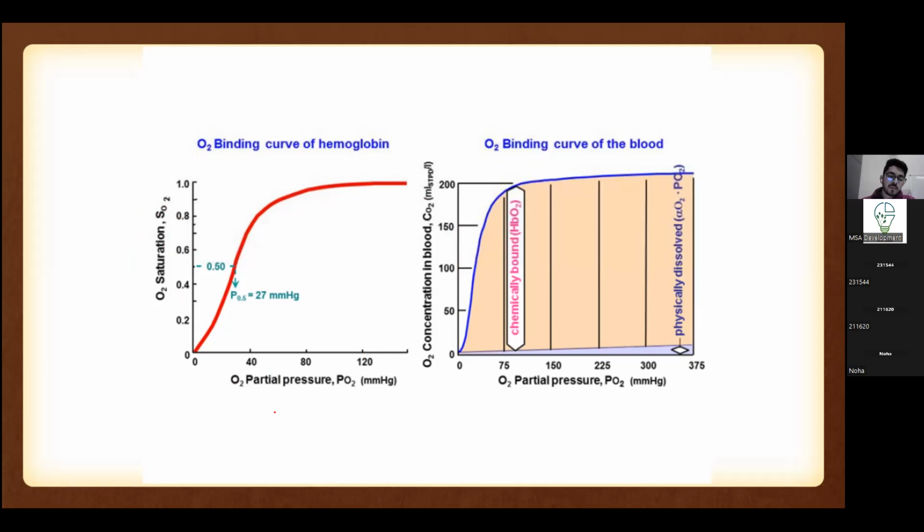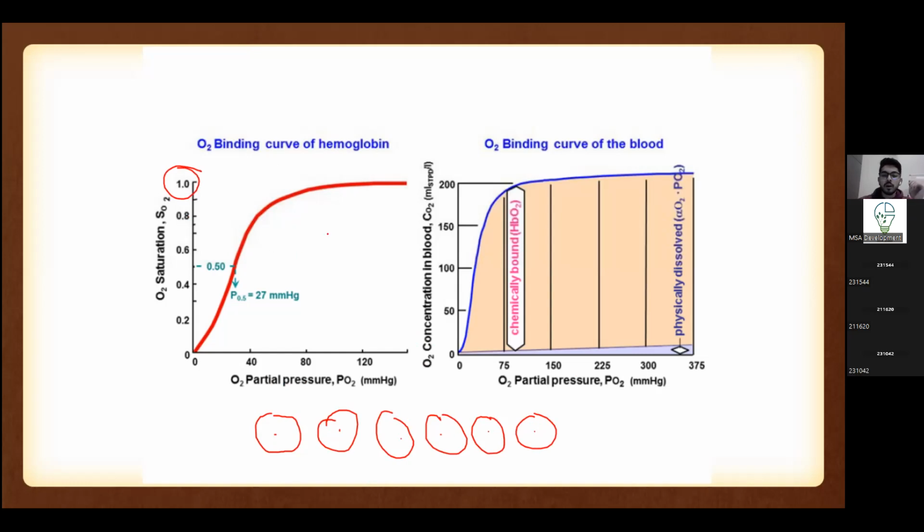Let's imagine now that we have 6 hemoglobin molecules, and only for this example, each hemoglobin molecule can only bind 1 O2. This is only for the sake of simplicity. In real life, each hemoglobin can bind 4. But when all these binding sites are full with oxygen, we are going to have a saturation of 1, 100% of the possible binding sites are occupied.